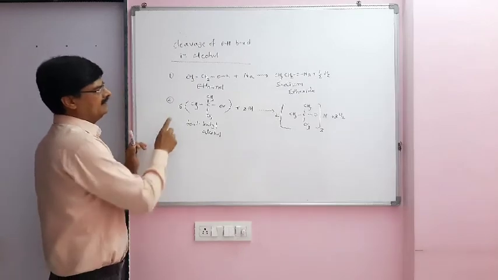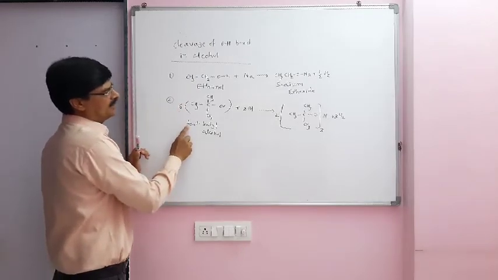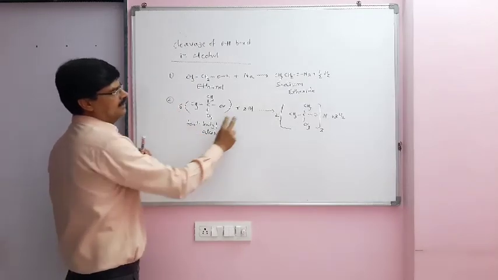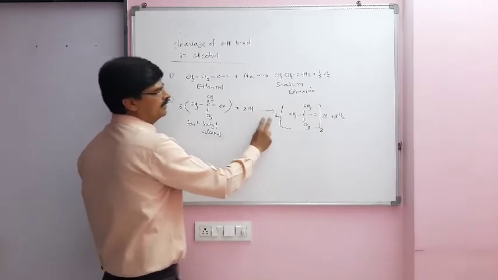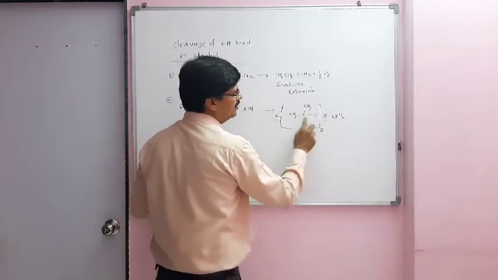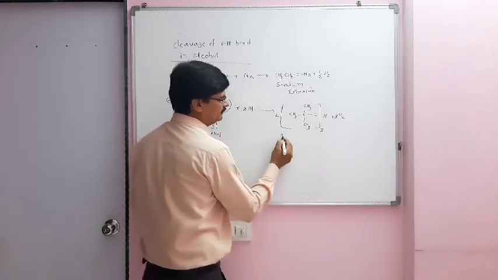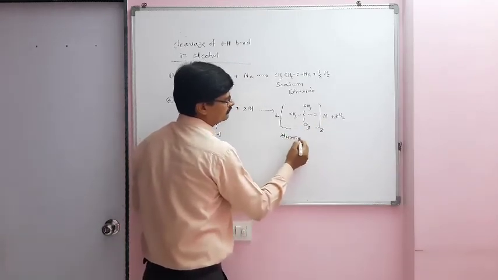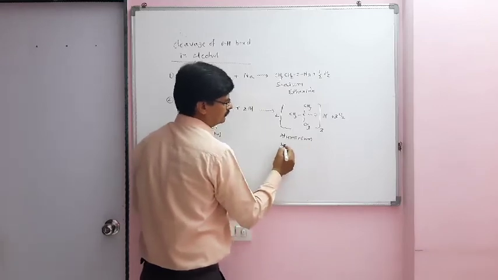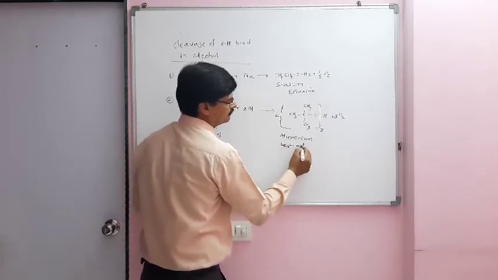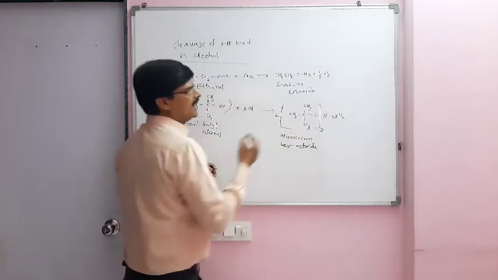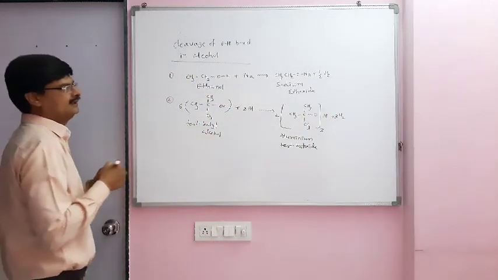Let us check the balance. 6 moles of tertiary butyl alcohol, 2 moles of aluminium, 2 moles of aluminium tertiary butoxide, and hydrogen gas is liberated.